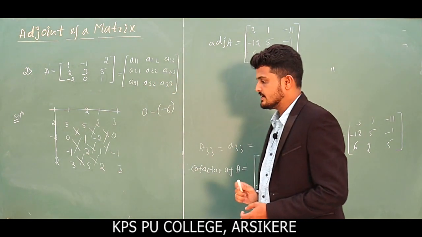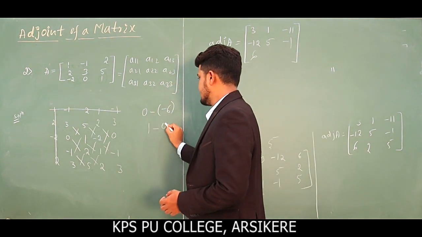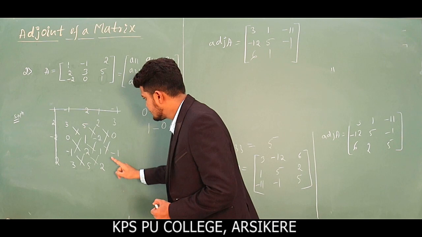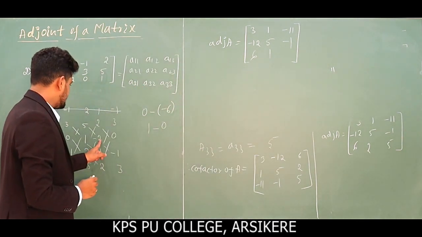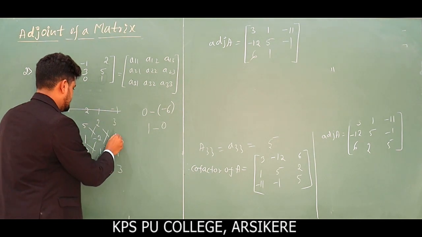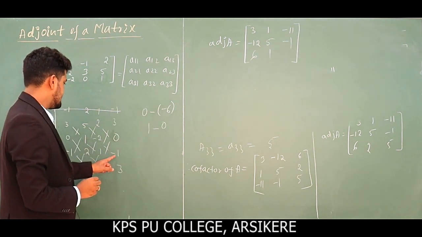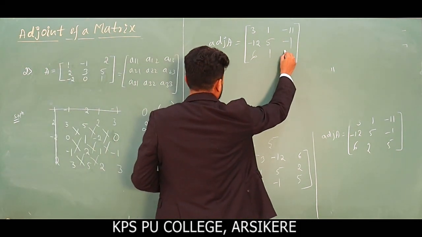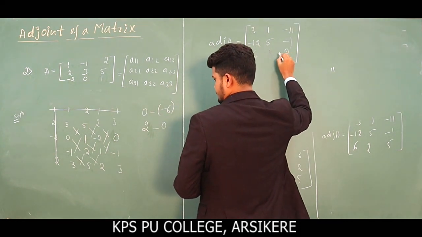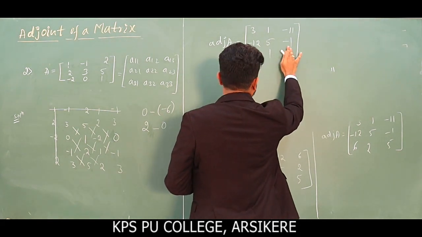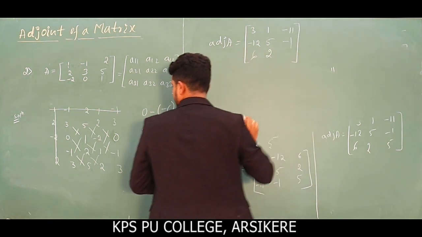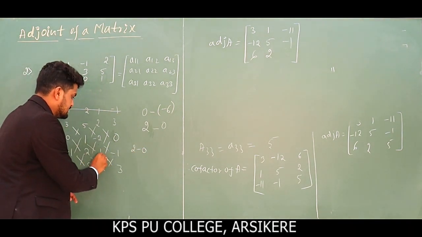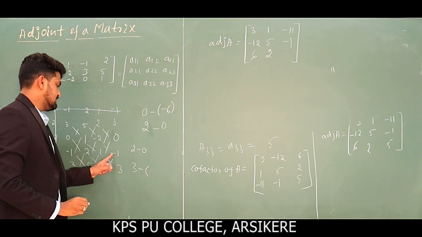Correct. Next one, 1 × 3 is 3 minus of 2 × -1 which is -2.